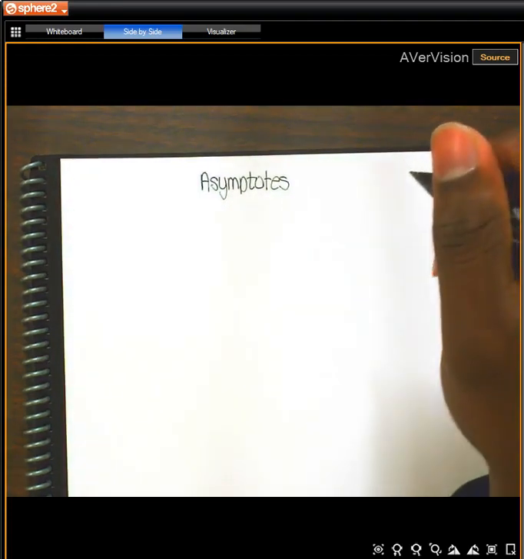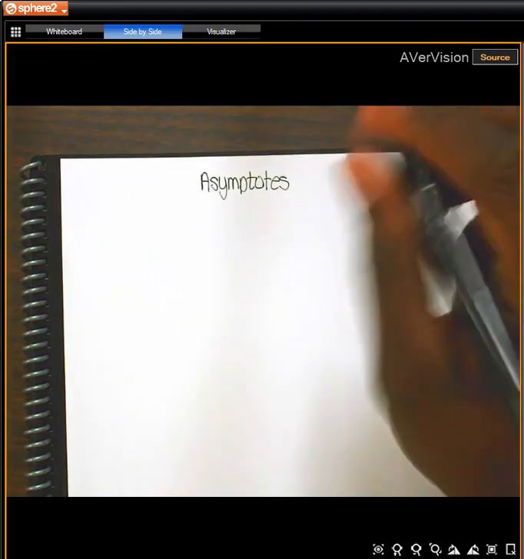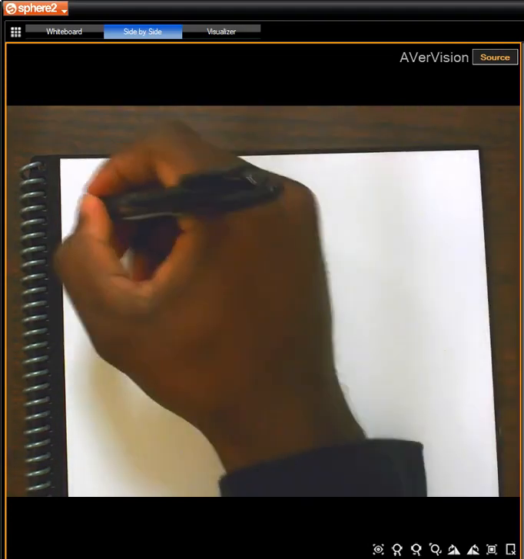So an asymptote is a line on the graph where the function doesn't exist.